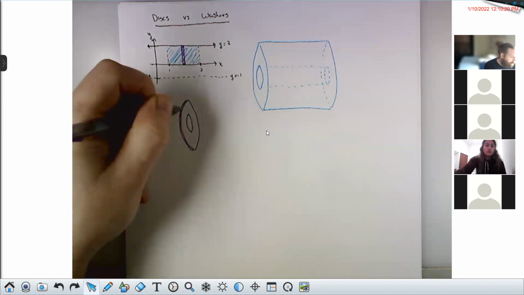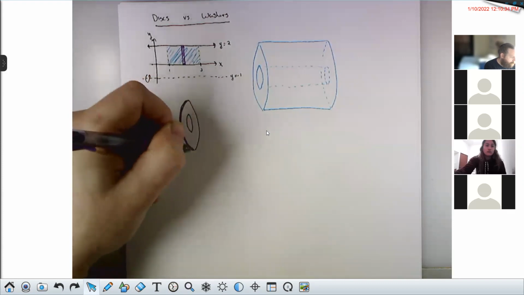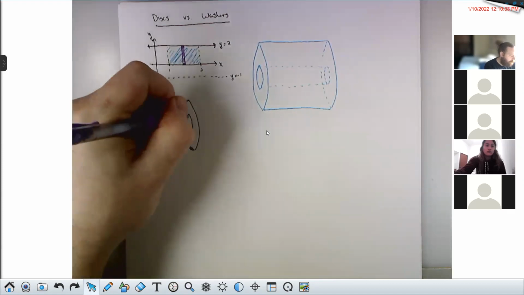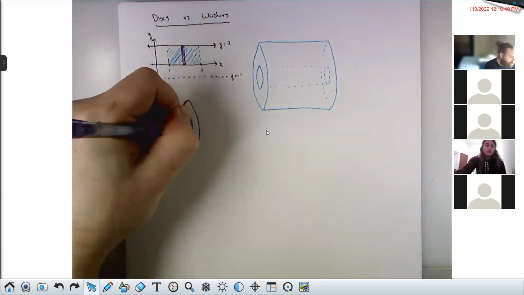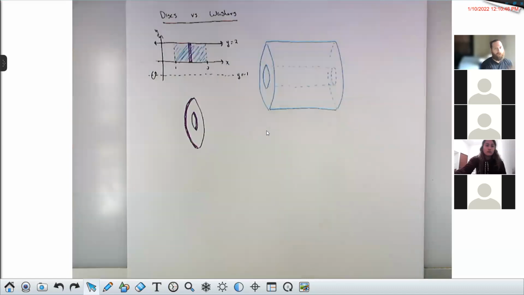So whether you get a disk or a washer depends on whether your region extends all the way to the axis of rotation or not. In other words, whether your strip extends all the way to your axis of rotation or not.